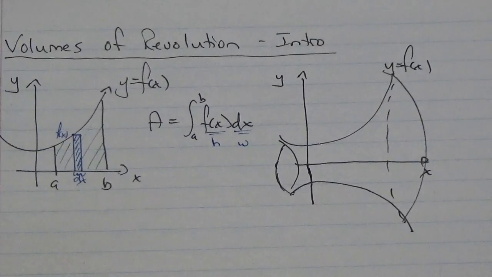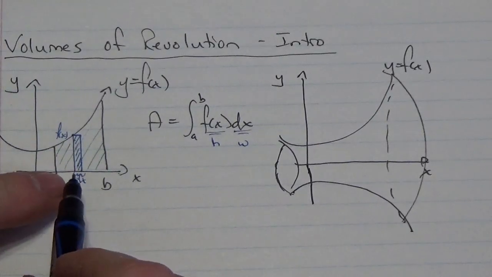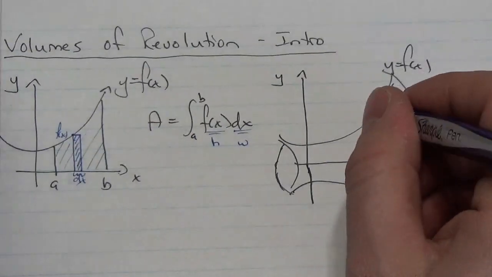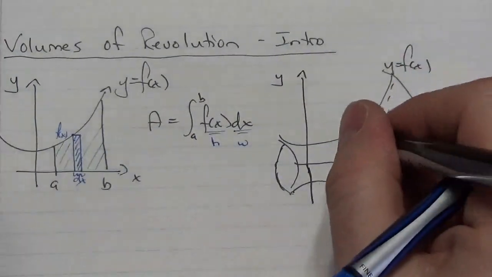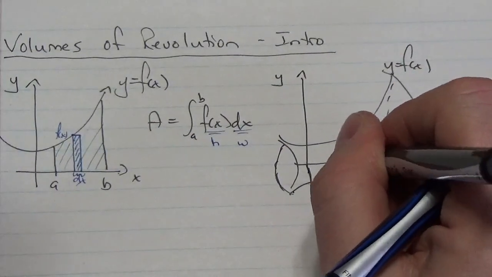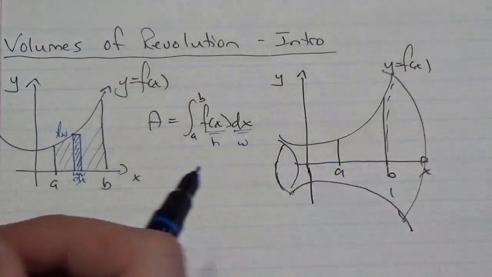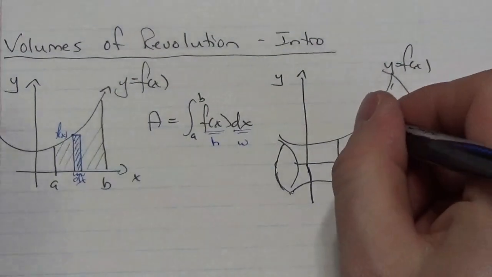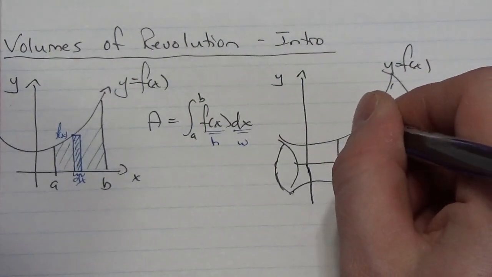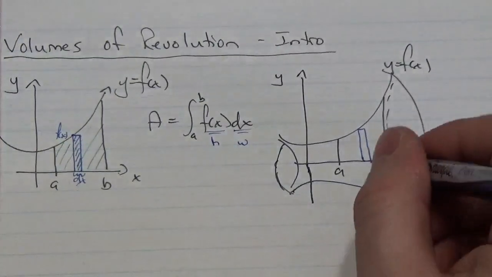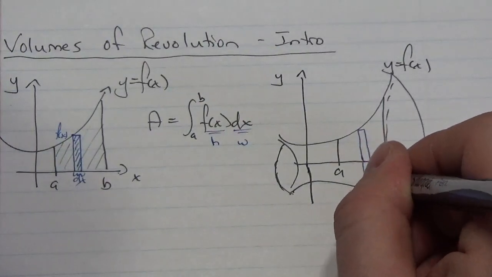But let's talk about what has happened to that rectangle that we created here. If we're going to go just between a and b, here's a and then way out here, here's my b. If I just focus my attention on that rectangle for a moment, what happened to that rectangle is it got rotated around the x-axis as well.